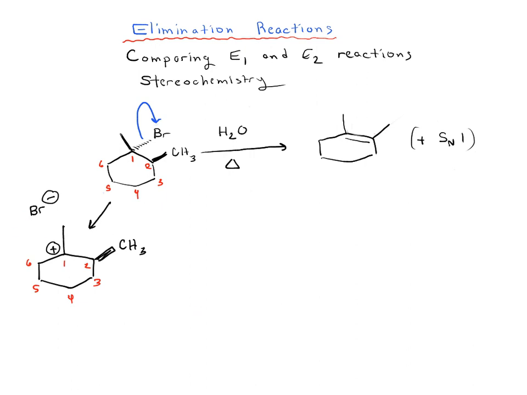Now, to understand what gets us to the alkene from here, it's still worthwhile to look at the stereochemistry of the cyclohexane. And remember that cyclohexanes are not really flat like we've drawn them here. We actually have a cyclohexane chair form, which we need to look at.